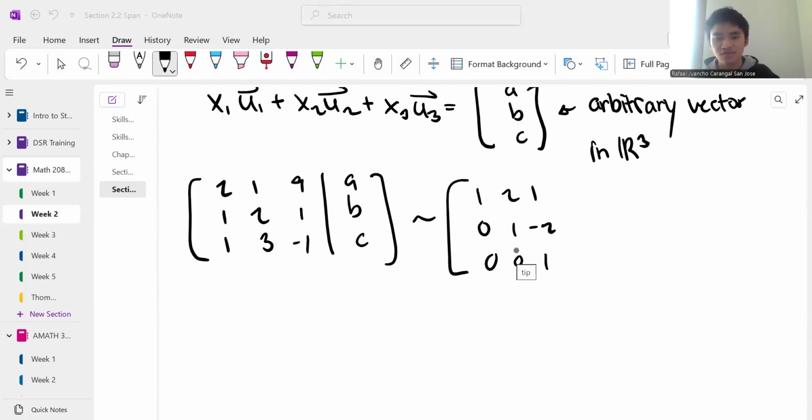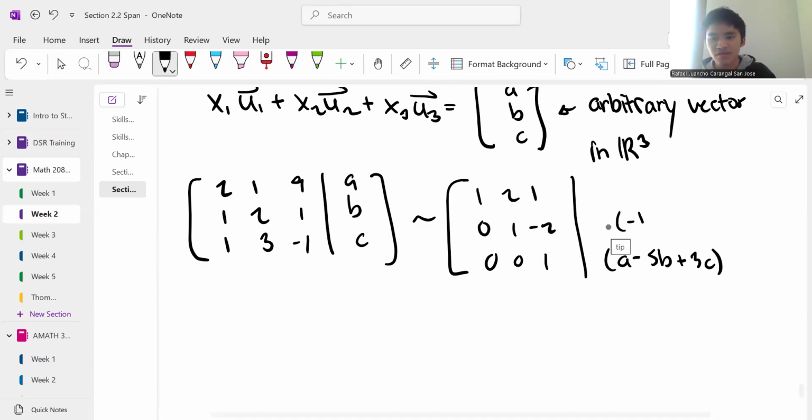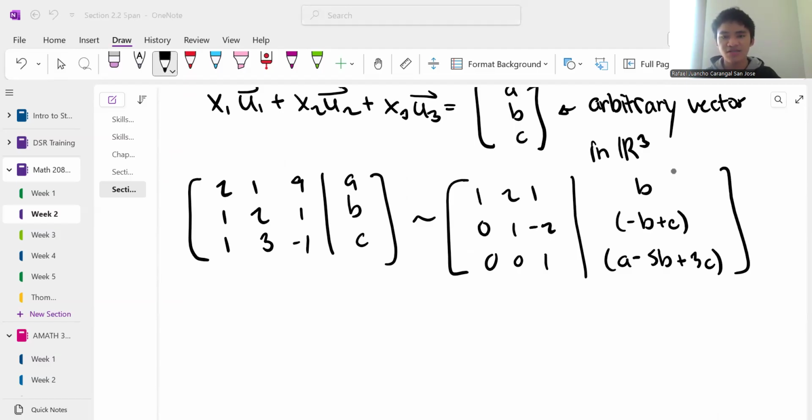Then we get A minus 5B plus 3C, then minus B plus C, or C minus B. And here we get B. So in fact, there is a solution.